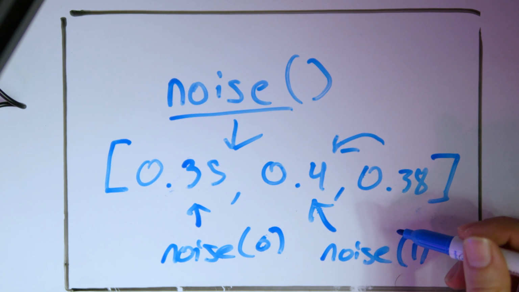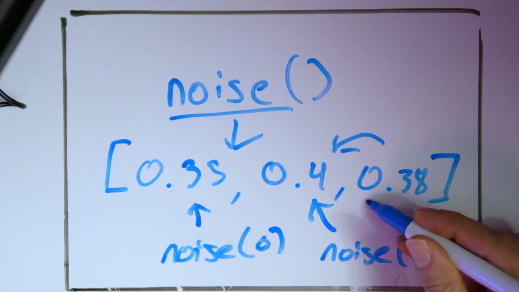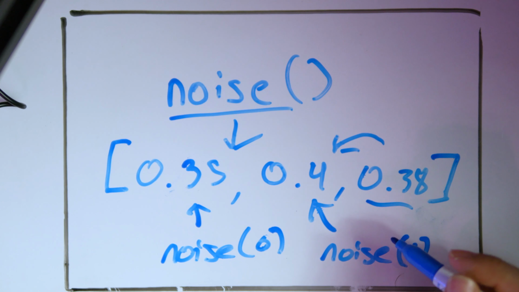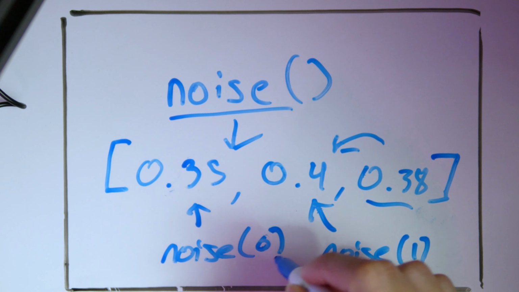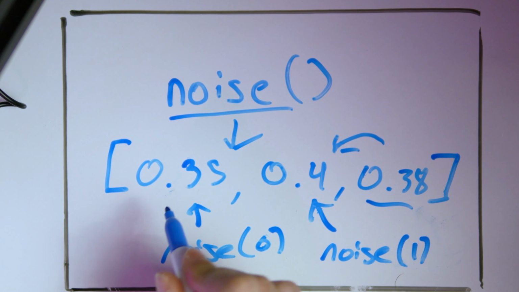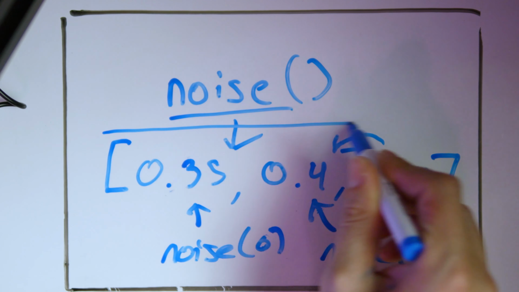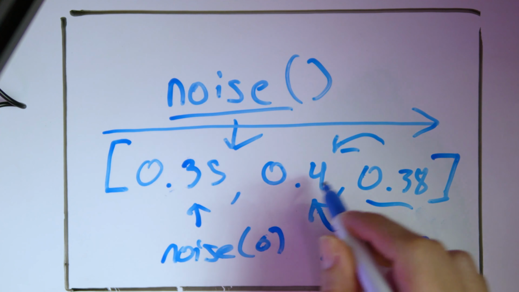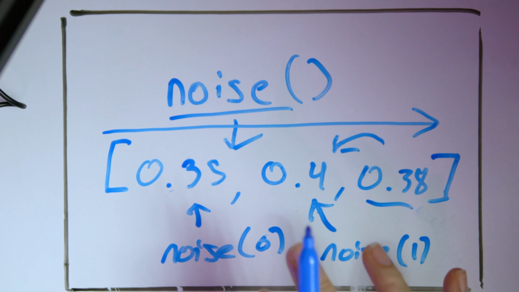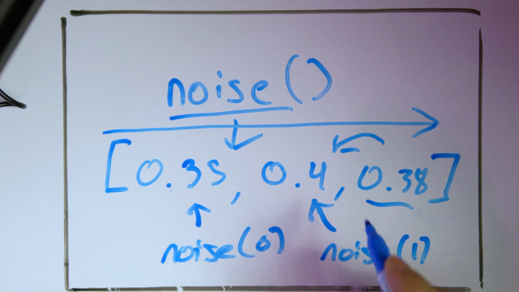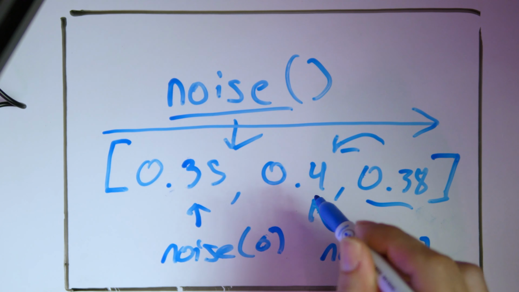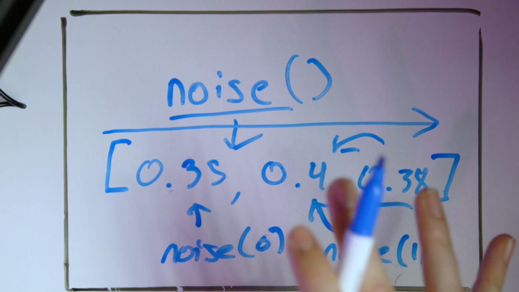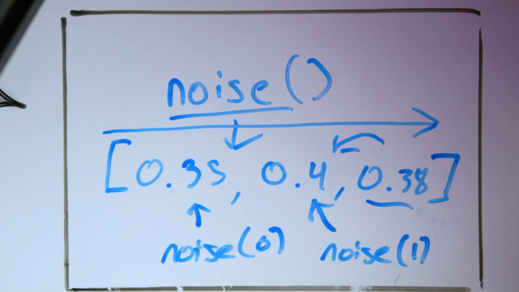Same thing if we were to call noise 2, we would get the third value in the array. So as we begin calling different numbers within this noise function, we are basically just going through this array. And since each value is related to the previous one in some way, we get something that's random, but at the same time, it's always going to be related to the previous value in some sort of manner.